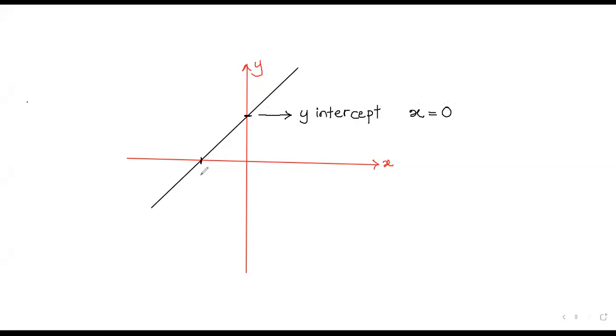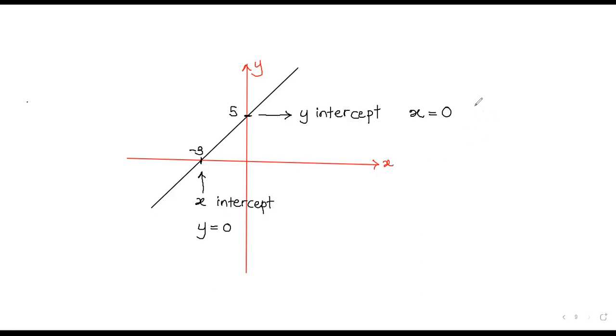This we call the x-intercept, because that point cuts the x-axis. At the x-intercept, the y value will be 0. You want to understand these two particular points if they give you any kind of question. For an example, let's say this is 5 and this is -3.